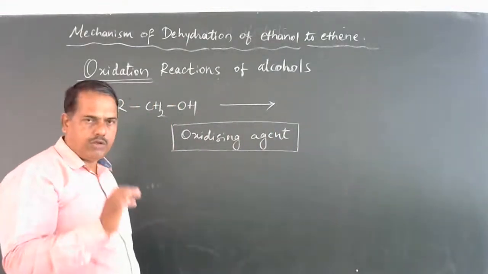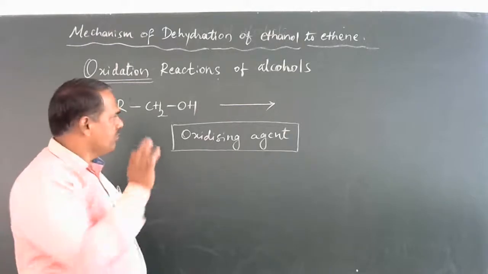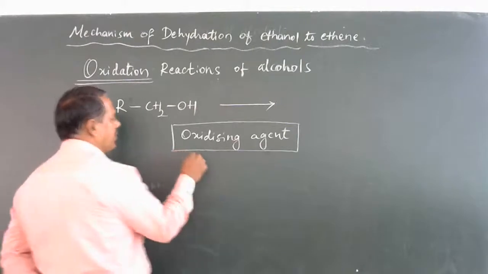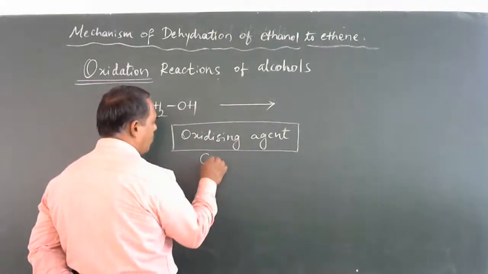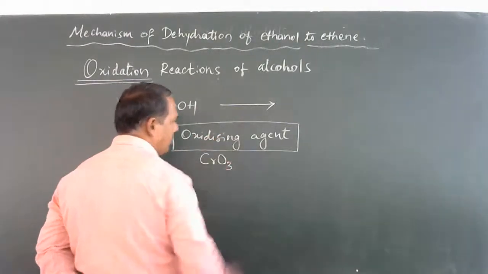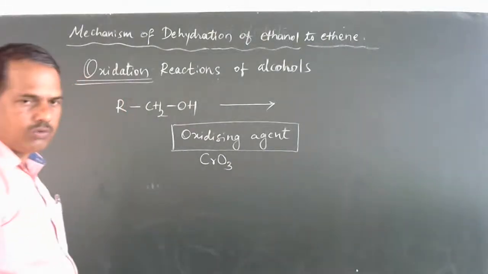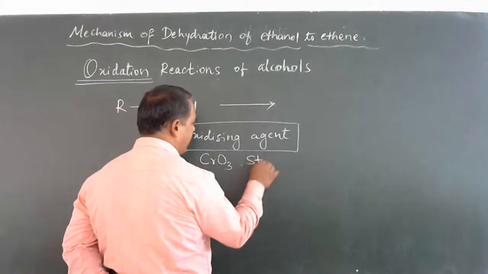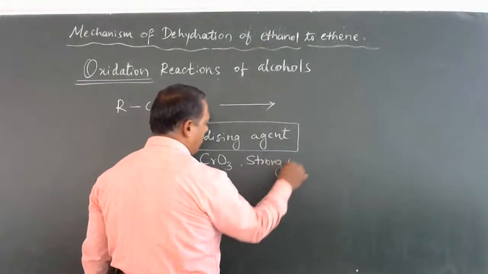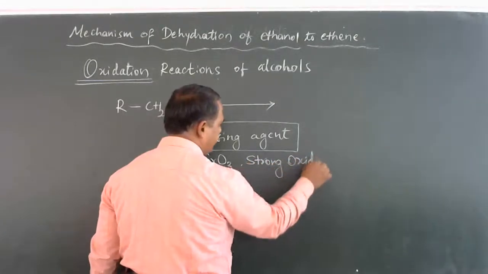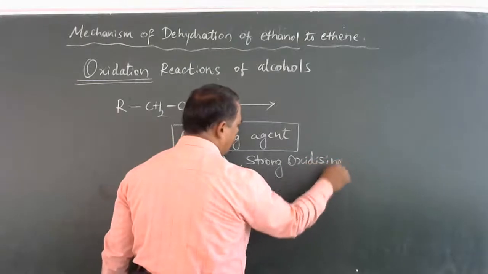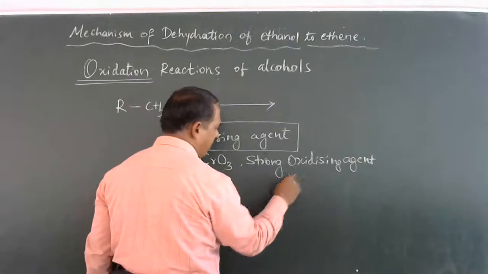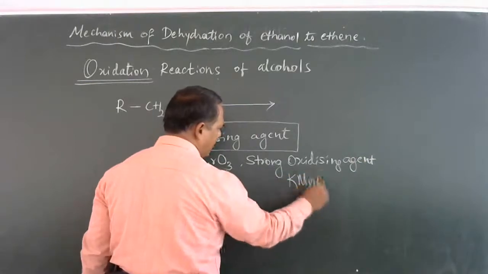The particular oxidizing agents used in chemical reactions of alcohols are, first, chromic anhydride, CrO3, and strong oxidizing agents like potassium permanganate, KMnO4.